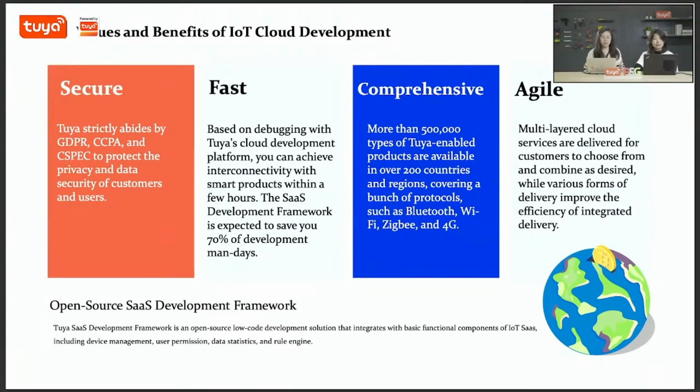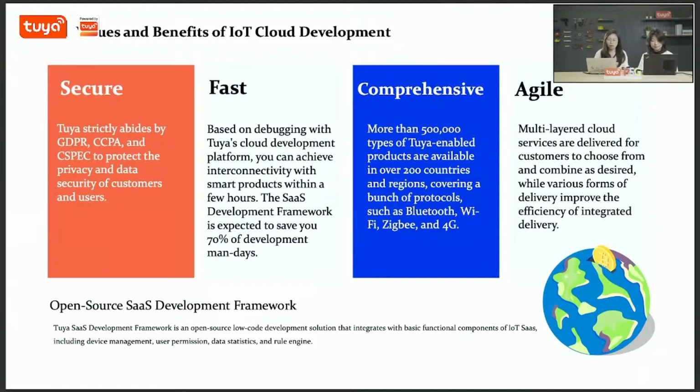It emphasizes the advantages of Tuya IoT Cloud compared with others. Firstly, when it comes to the cloud, security must come first. For the secure part, Tuya has done many things. Right now, we strictly abide by the GDPR, which is one of the must-have policies if you want to do business in Europe, and CCPA and CSPEC.